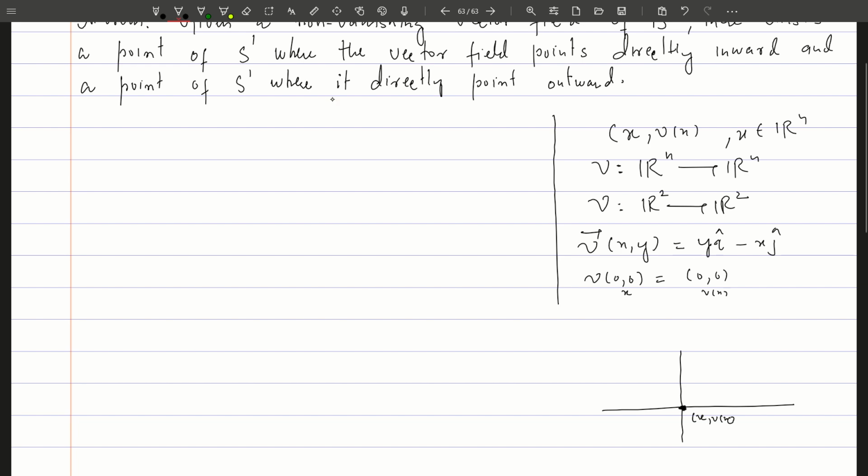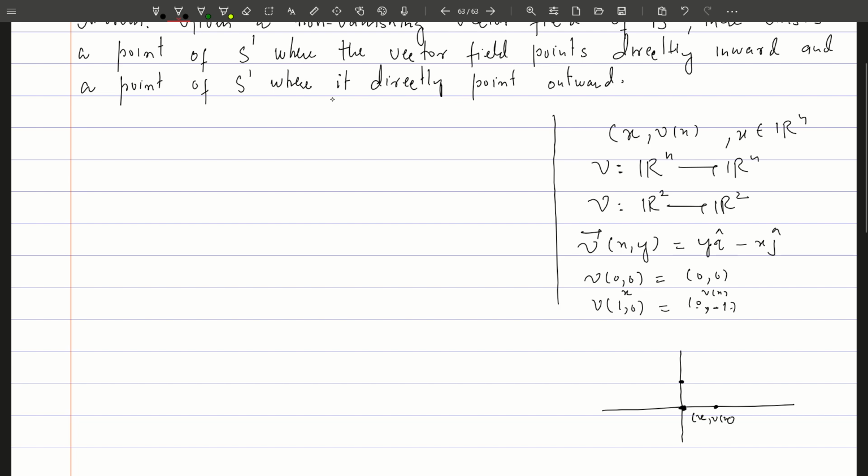If I give the input v of 1, 0, we get the vector 0, minus 1. This is the point 1, 0, and here we get the point 0, minus 1.